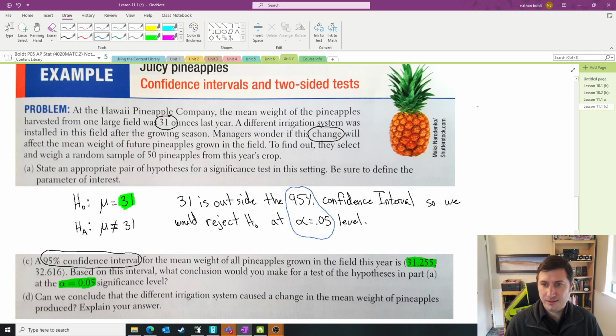What about a 99% confidence interval? What alpha would that go with? What about a 90% confidence interval? What alpha would that go with? I mean, you could do any of them here, right? 99.7 even. What alpha would that go with?